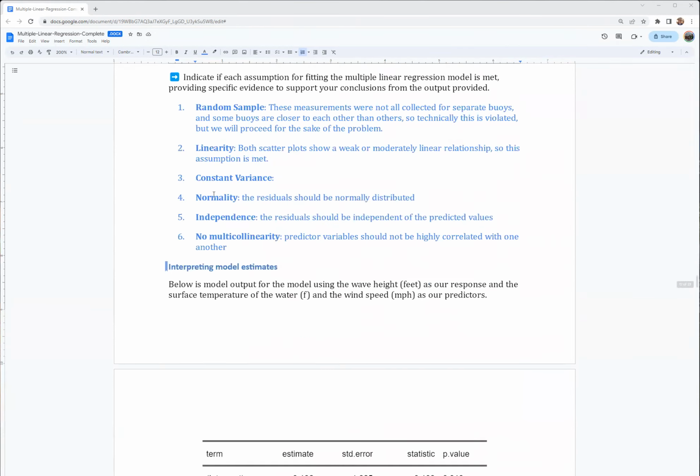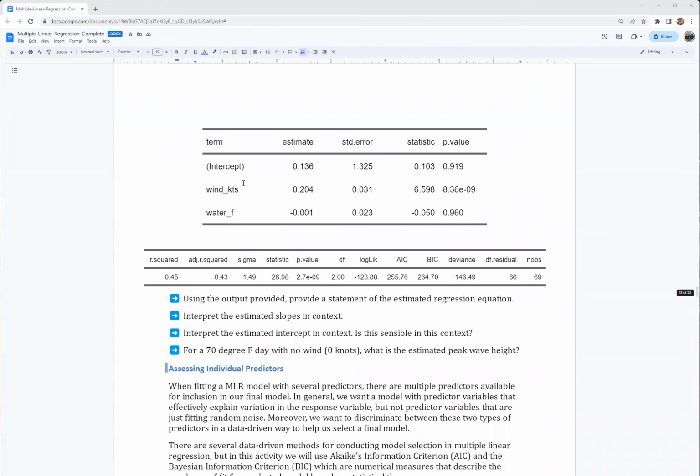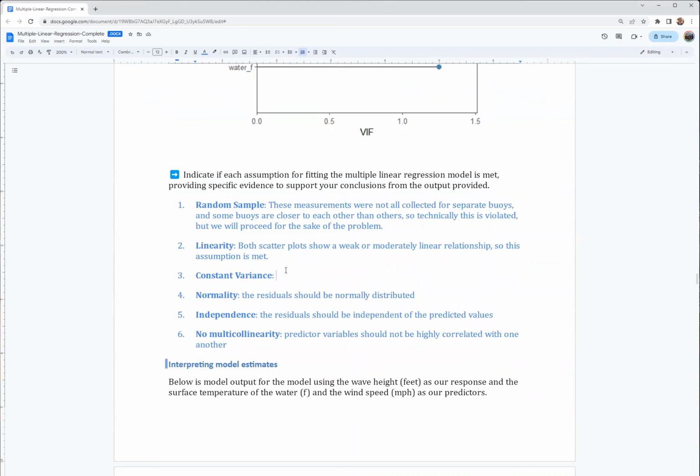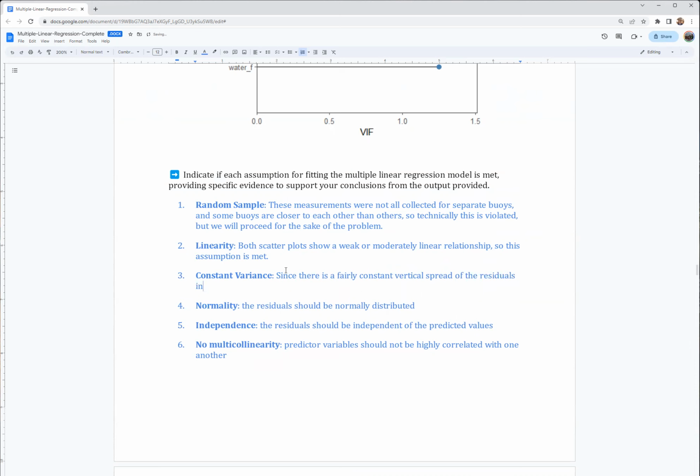So since there's this fairly constant vertical spread from left to right on the residual by predicted value plot, the homoscedasticity assumption is met.